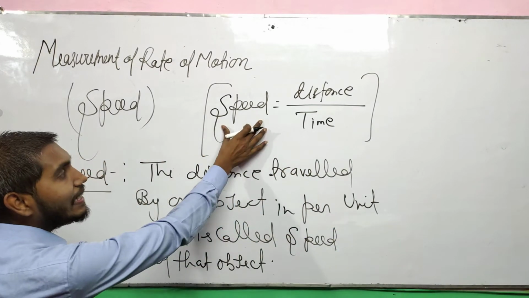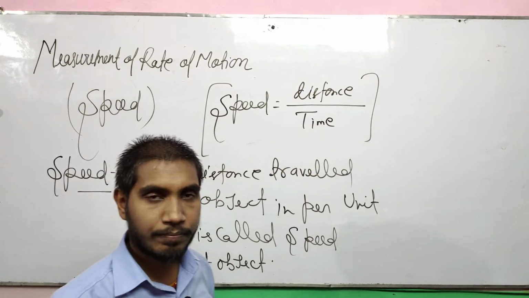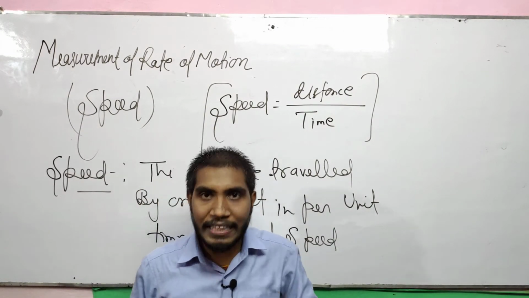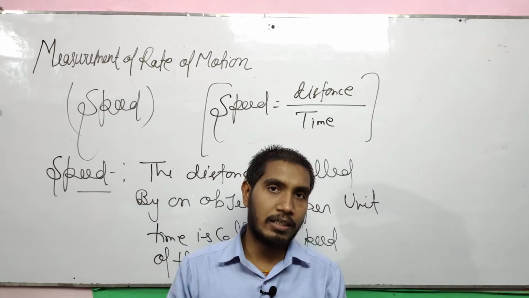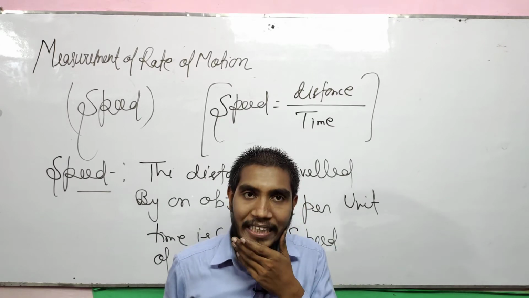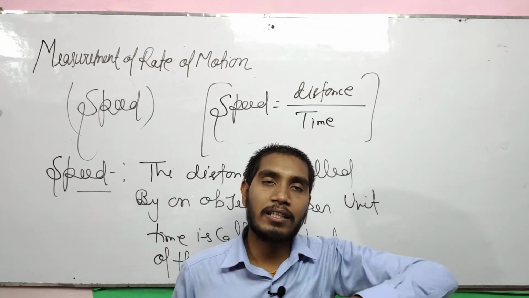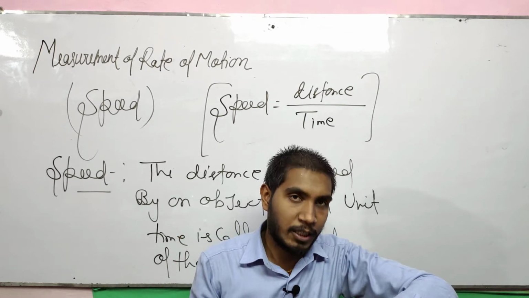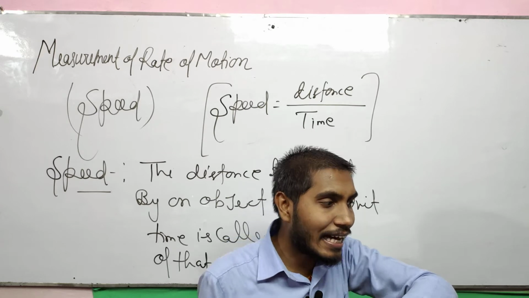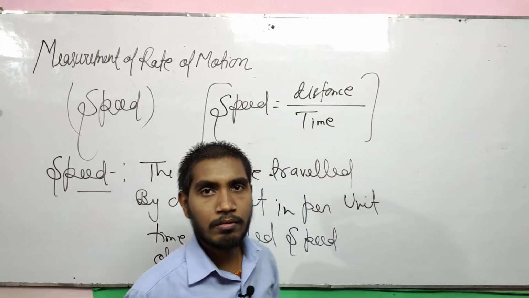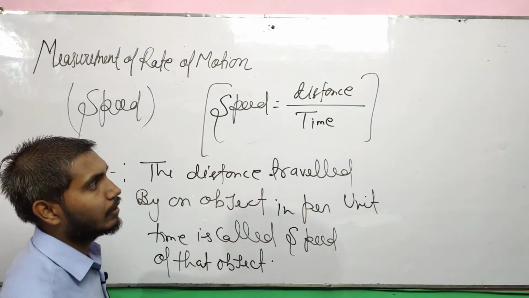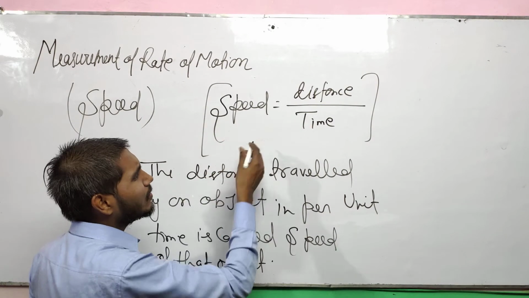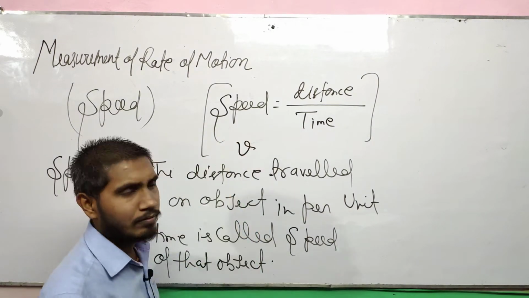And speed is a scalar quantity. Speed is a scalar quantity. It has no direction.